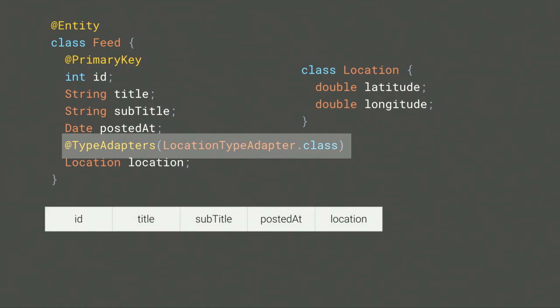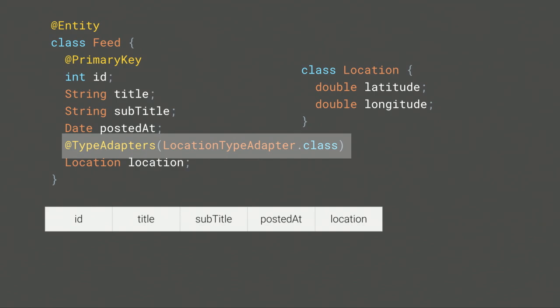So one option is going back to our type adapters. You can do something like take latitude and longitude and convert them into a single concatenated string with some kind of, let's say, semicolon as a separator on the way in. And on the way back, it's going to be some kind of a split where the string goes back to these two doubles.